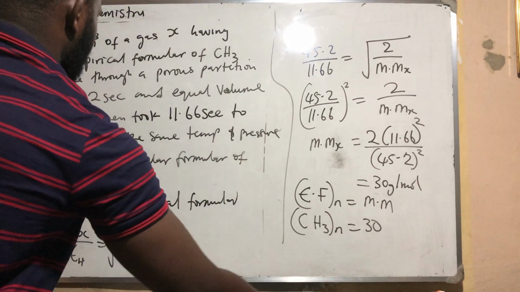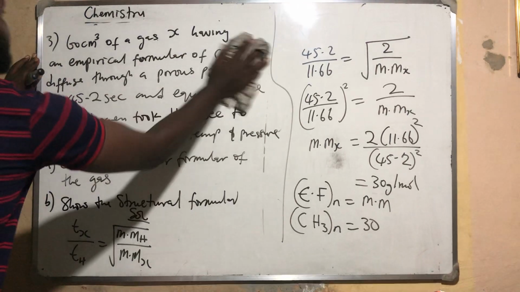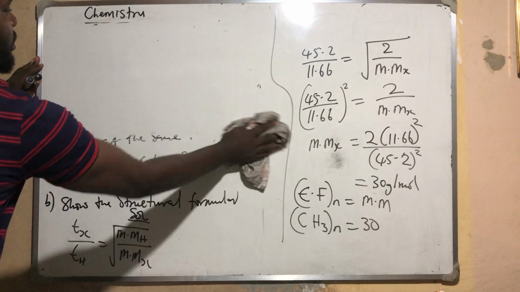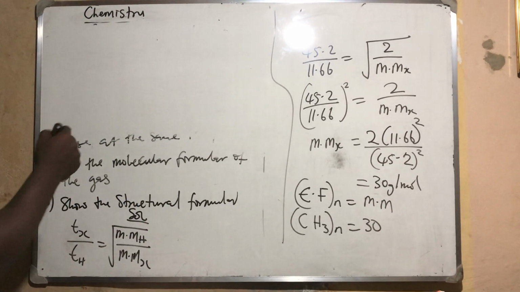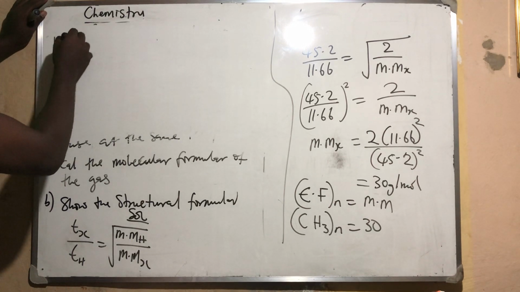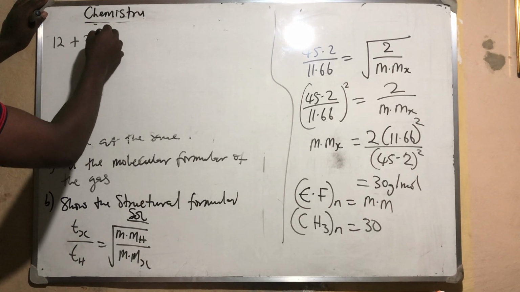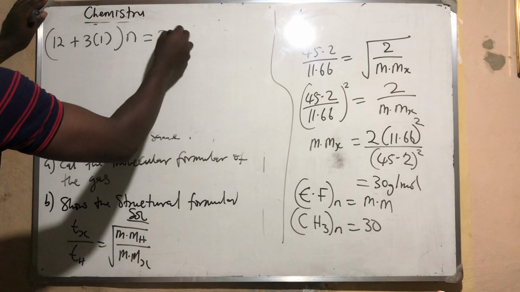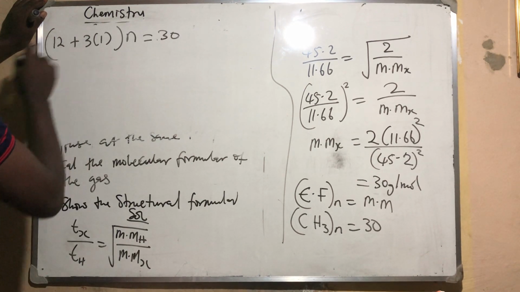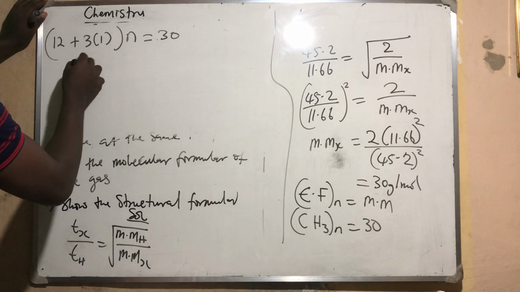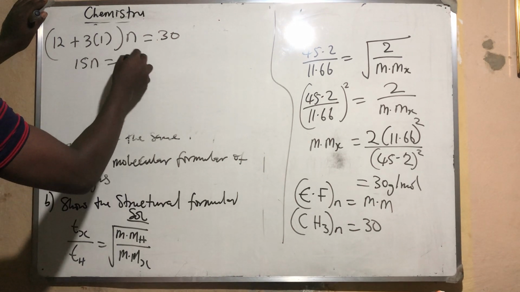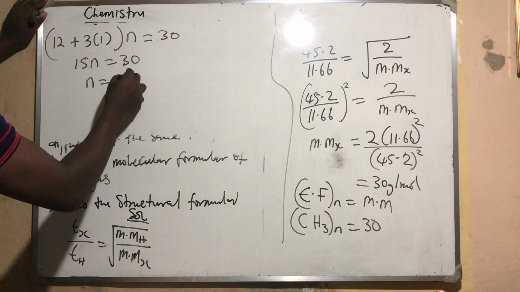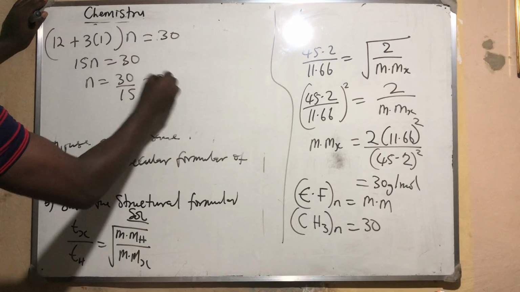C is 12 plus 3 in bracket of hydrogen, then everybody times N is equal to 30. So 12 plus 3 is 15. 15N is equal to 30. So N is equal to 30 divided by 15, which is equal to 2.